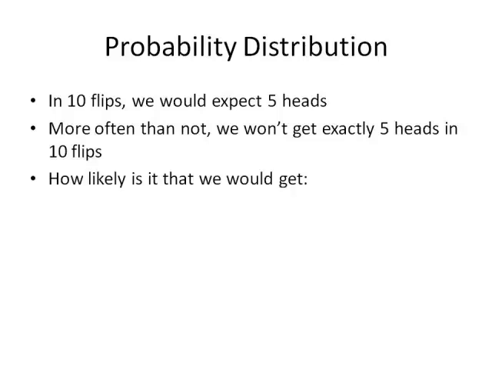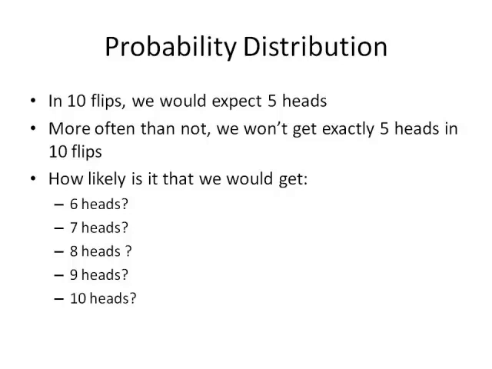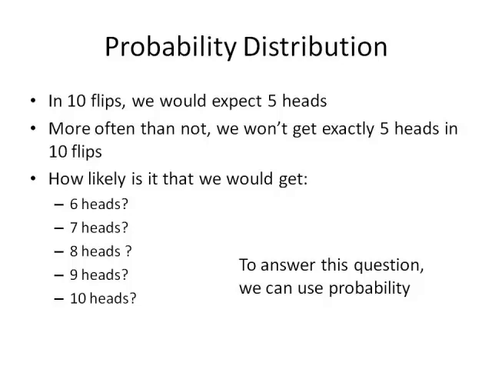So the question becomes, how likely is it that we would get 6 heads, or 7 heads, or 8 heads, or 9 heads, or all 10 heads out of 10 flips? To answer this question, we can use probability.